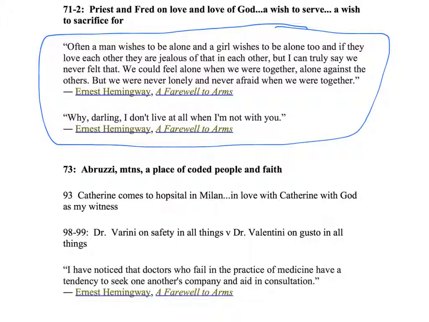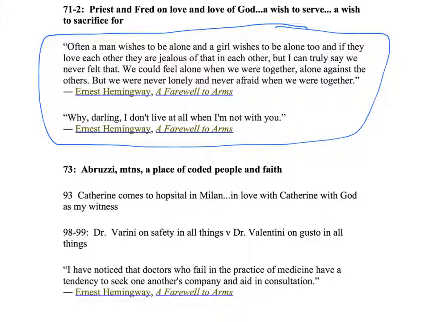But yet feel alone, separate, independent, and not jealous of the independence and the autonomy of the other, but know that they admire that, because you know your love bond is so strong. And I think that's what Catherine and Fred develop, and that leads him to a faith, not necessarily in God, but a faith in the self and the faith in the power of love.